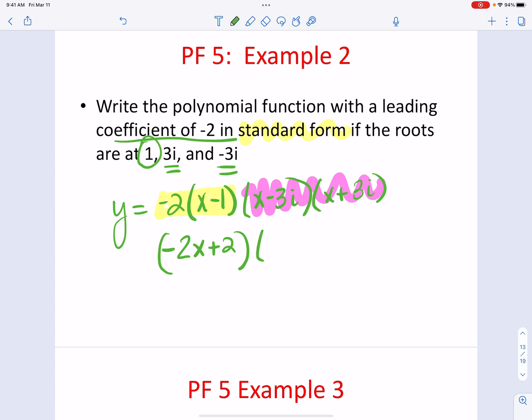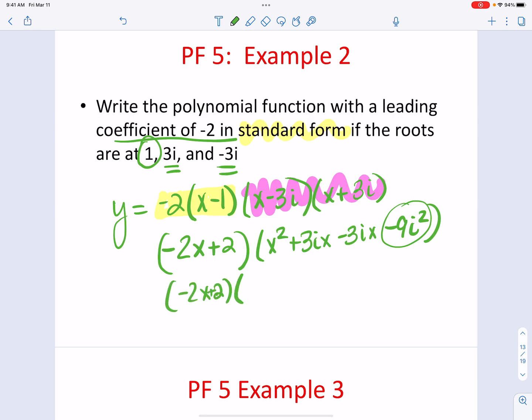Okay, so that's going to be x squared plus 3ix minus 3ix minus 9i squared. What does a minus 9i squared become? It becomes a plus 9, and those middle terms cancel. So now I multiply this.